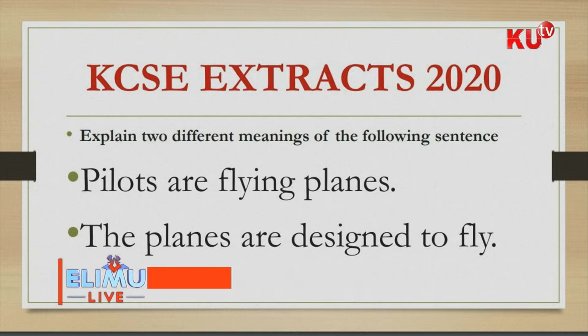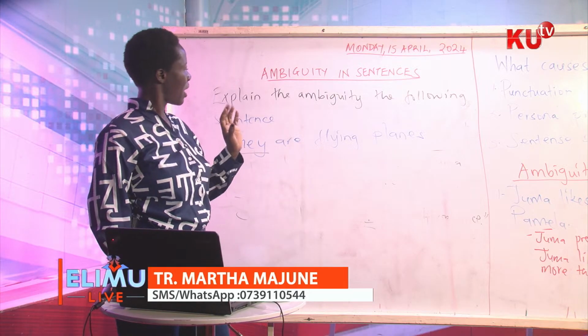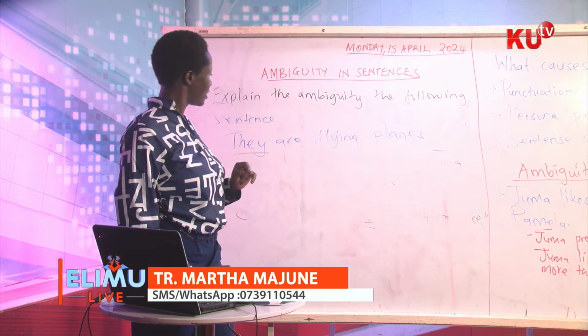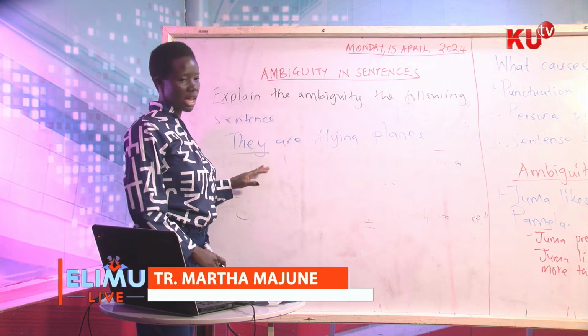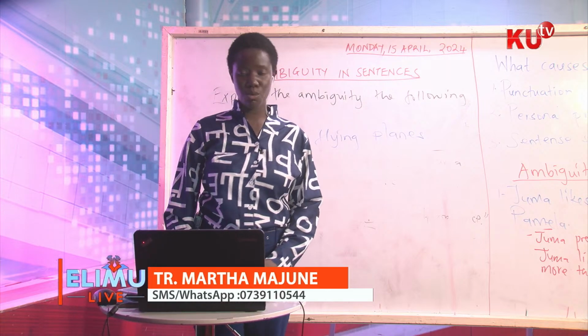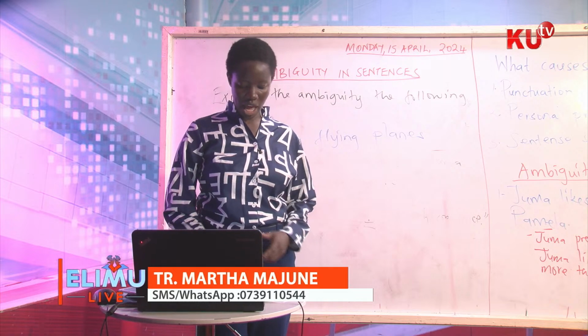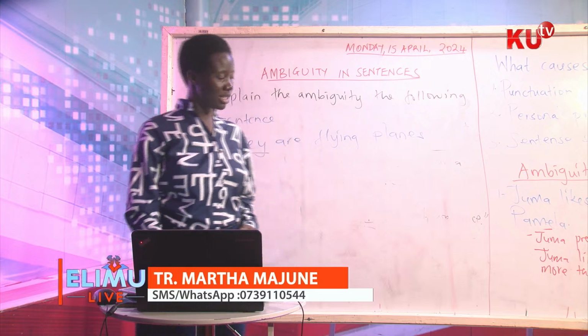We have the personal pronoun they that is bringing about the ambiguity in this sentence. Let us look at they as the people who fly planes. They are pilots, the ones who fly planes.